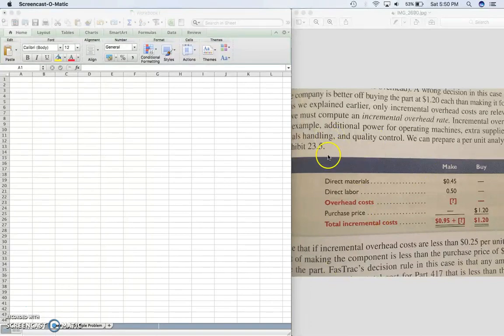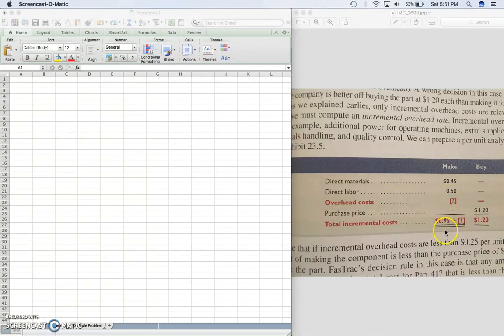So the book gives examples of the cost if they were to make it. Direct materials would cost around 45 cents per unit. Direct labor would cost 50 cents per unit, and then overhead costs are not given. So Fast Track would have to figure out how much overhead to add to these costs so that they can decide whether to keep buying it or to make it themselves.